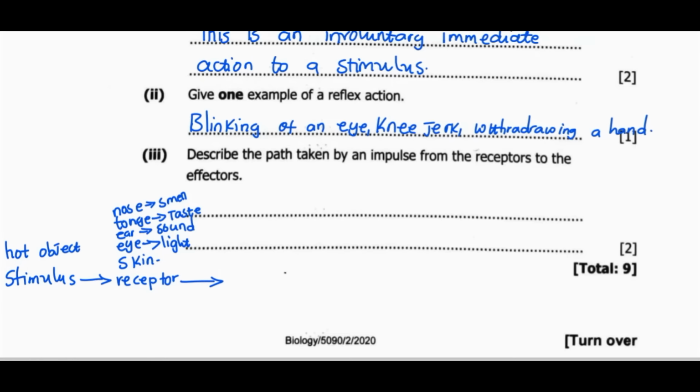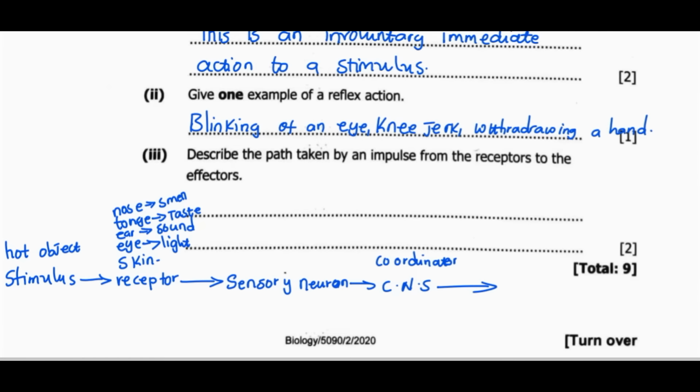Then after that, we are going to have the sensory neuron. We know that these neurons will transport the electrical impulses from the receptor to the central nervous system. Now the central nervous system, we know that these are known as the coordinators.